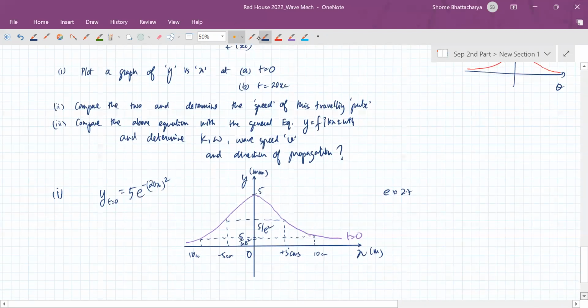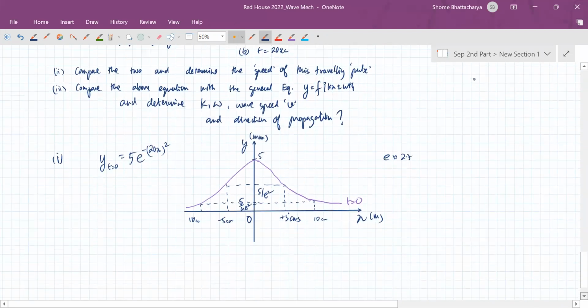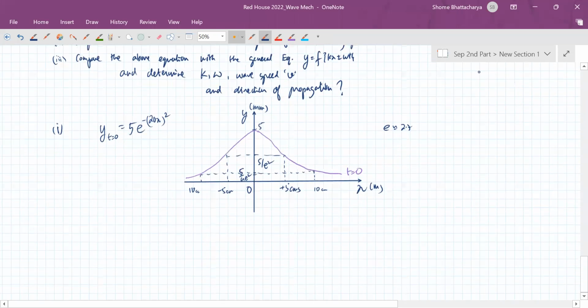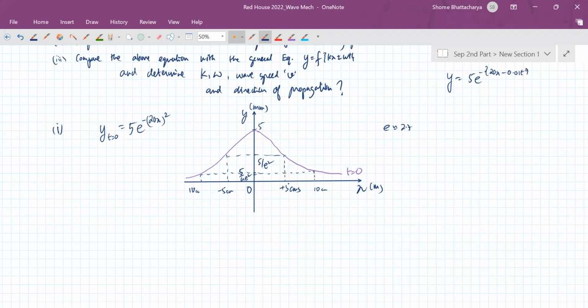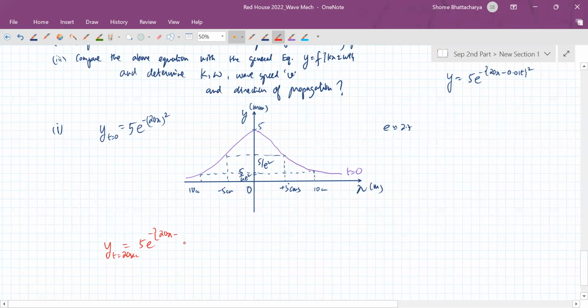Now the original function, remember, was 5 e raised to the power minus of (20x minus 0.01t) whole square. So now if I plot the function again at t equal to 20 seconds, I'll see it becomes like this.